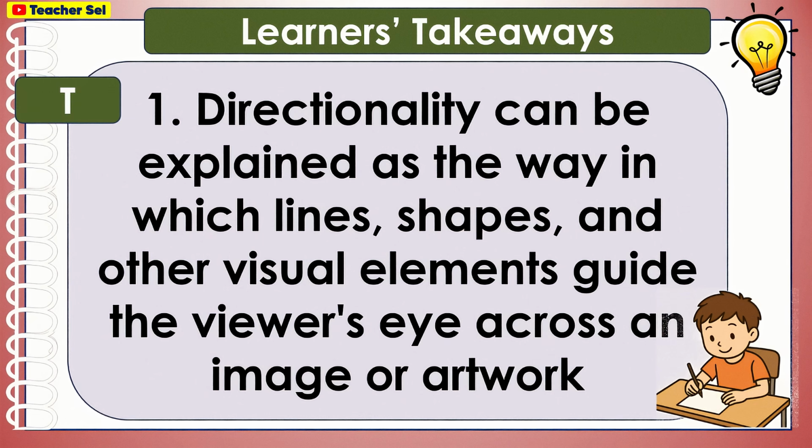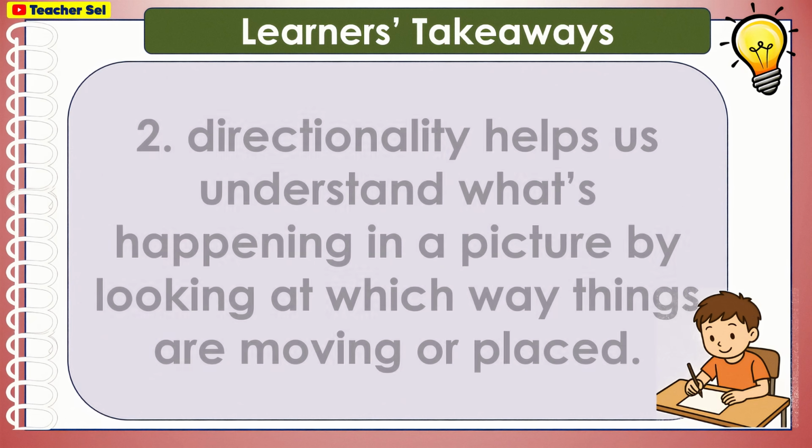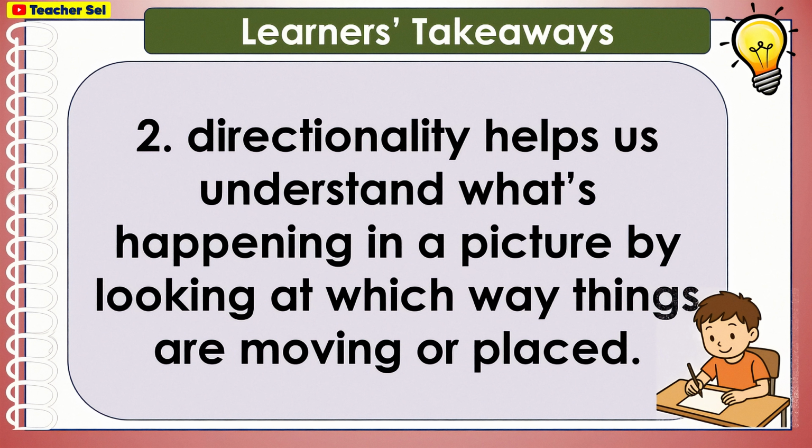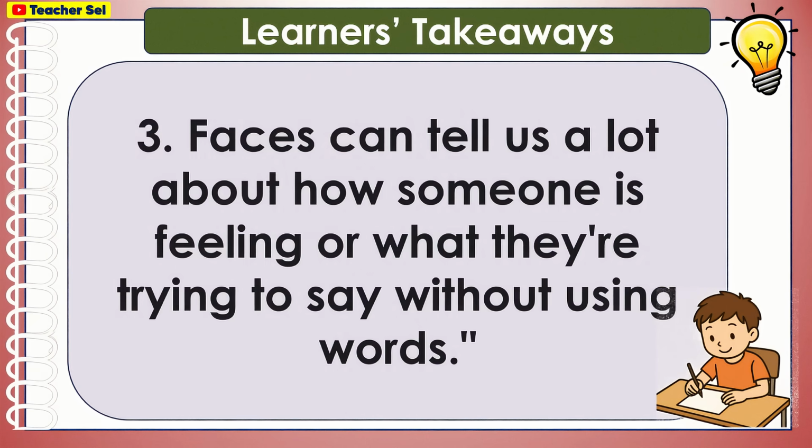The answer is T. Directionality helps us understand what's happening in a picture by looking at which way things are moving or placed. T. Faces can tell us a lot about how someone is feeling or what they're trying to say without using words. T.